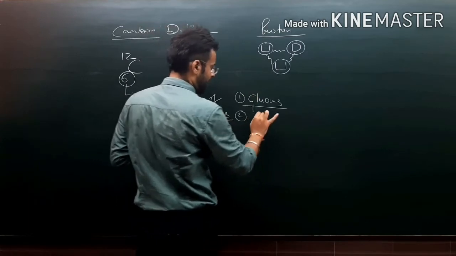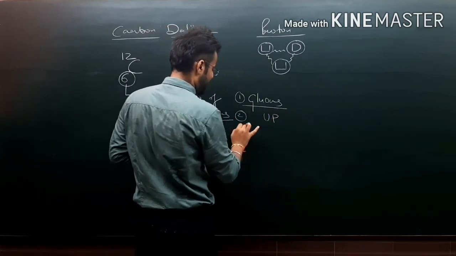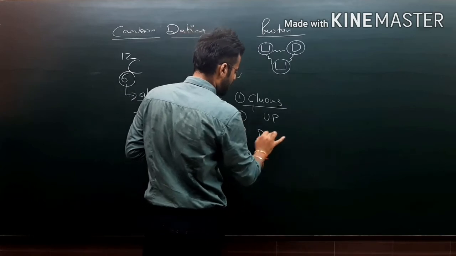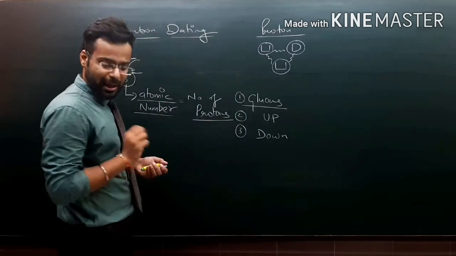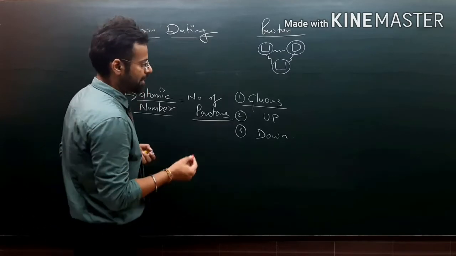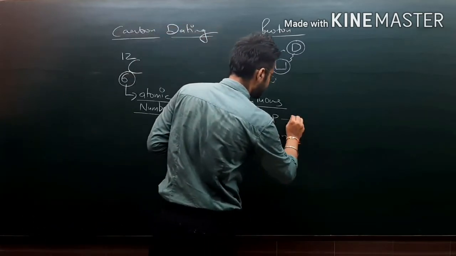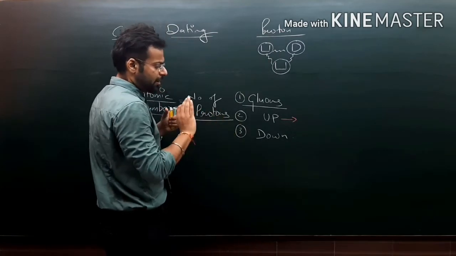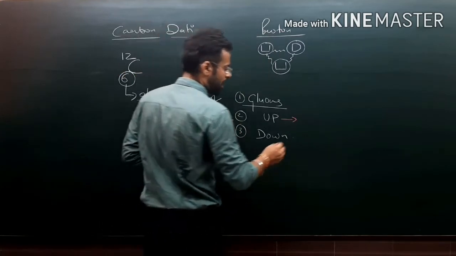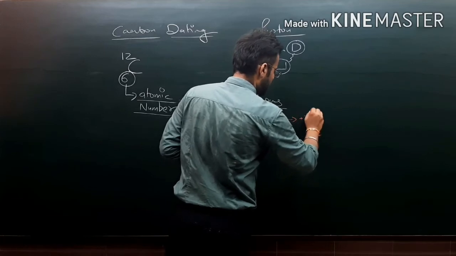Other thing is something known as up and something known as down. What is the difference between this up and down quark? The up quark, let's have some mass. Let's not get into the mass. The important thing is the charge. It has a charge of positive 2/3.